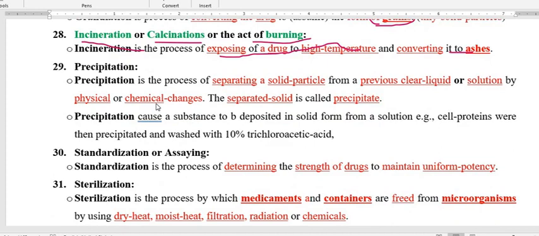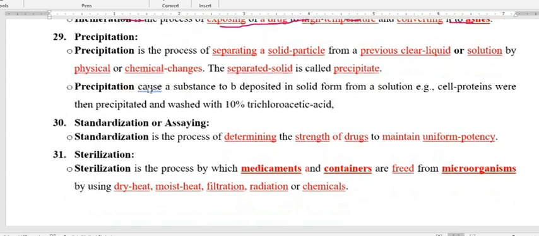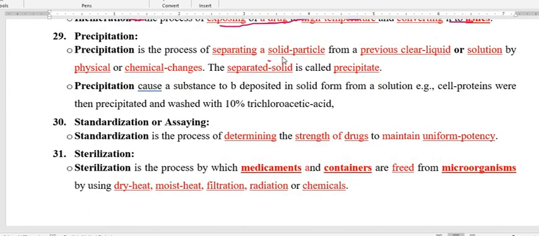I think most of us are aware of precipitation. It is also a very simple process. In that process, we separate a solid particle from the clear fluid or from the solution by means of physical or chemical changes.